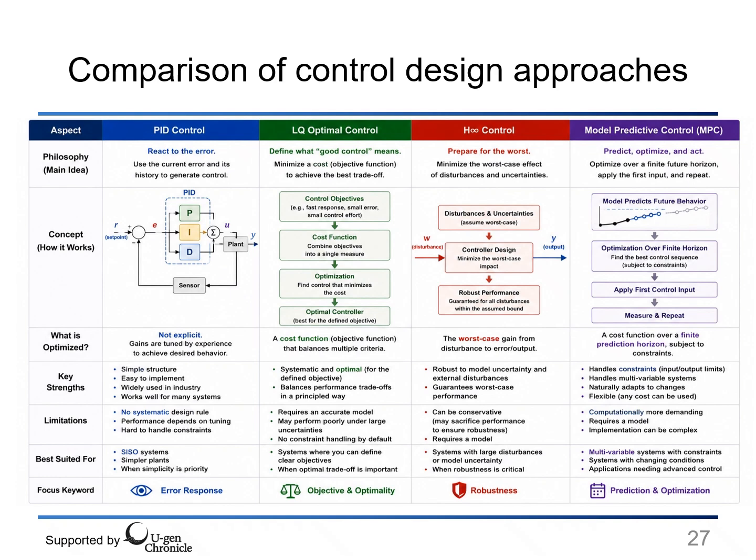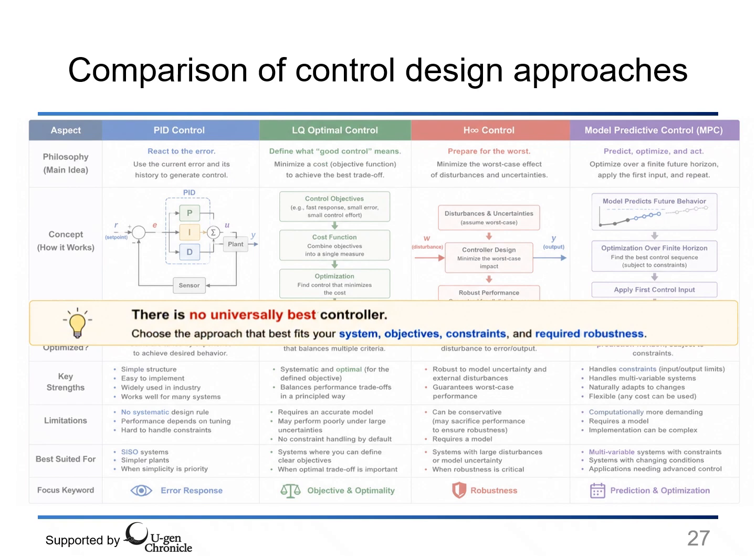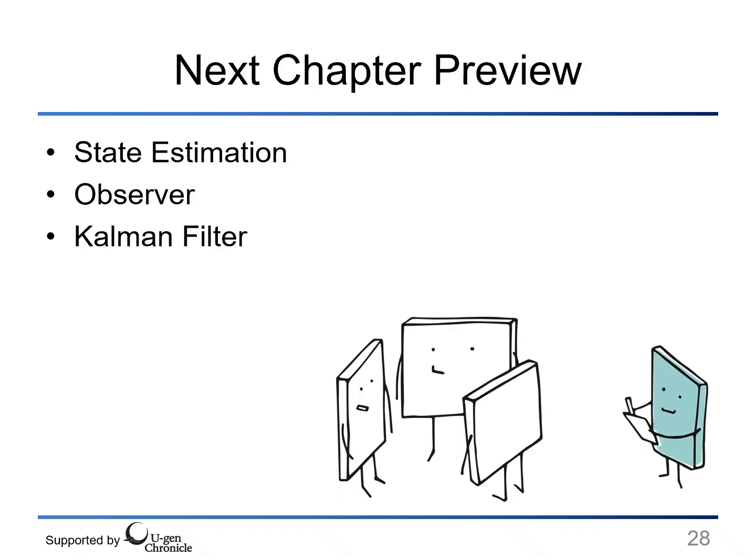MPC predicts future behavior, repeatedly optimizes, and naturally handles constraints. None of these methods is universally better than the others. The right choice depends on the system, the design objectives, and the practical constraints. Different philosophy, different strengths.